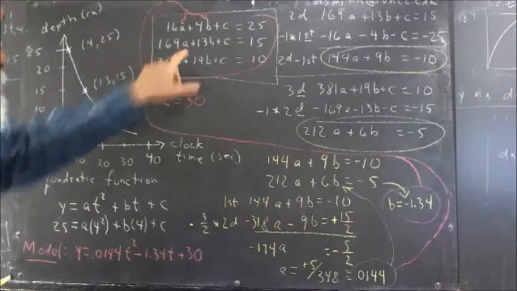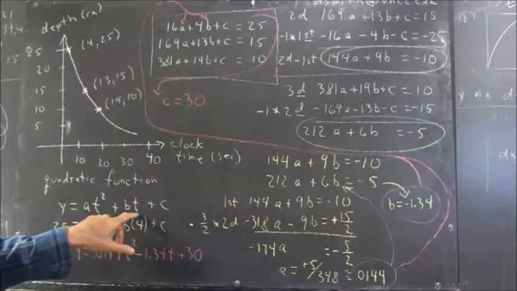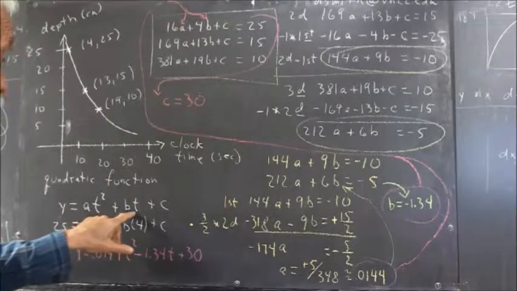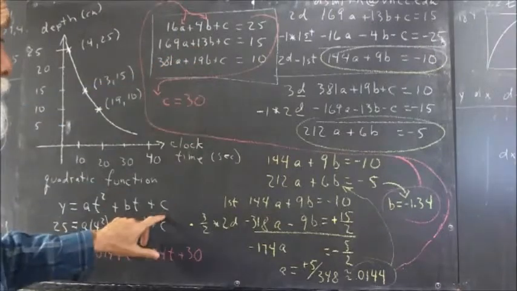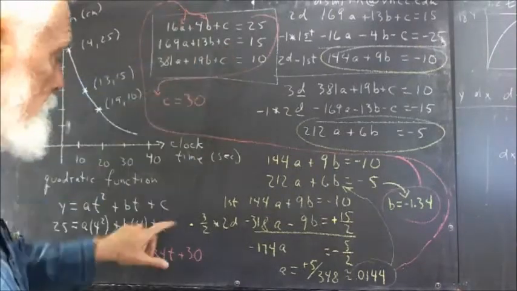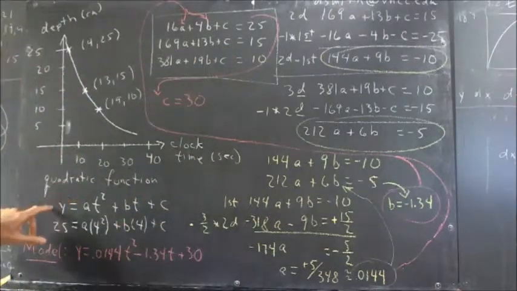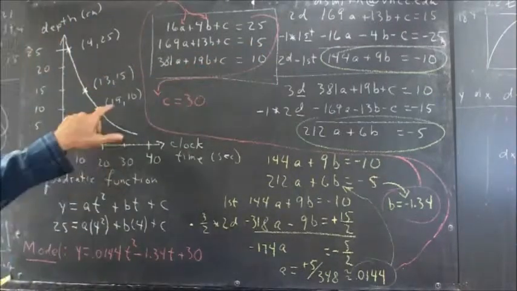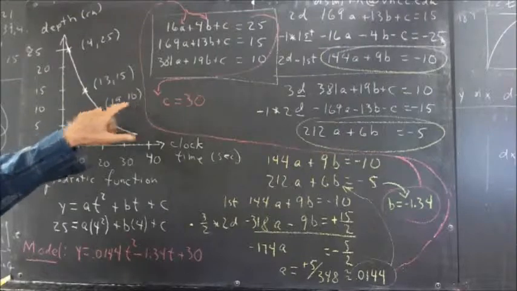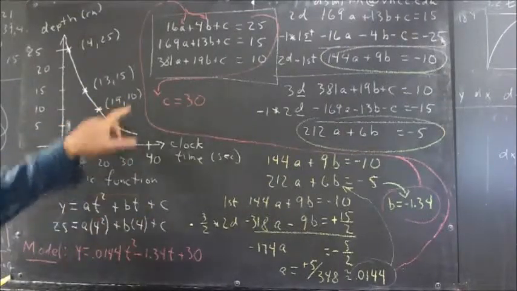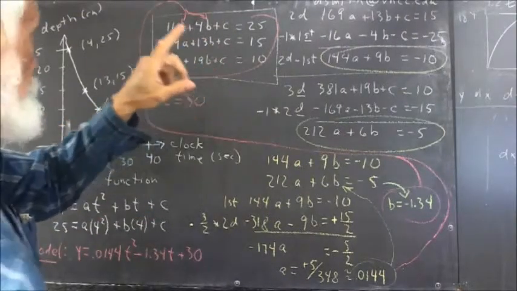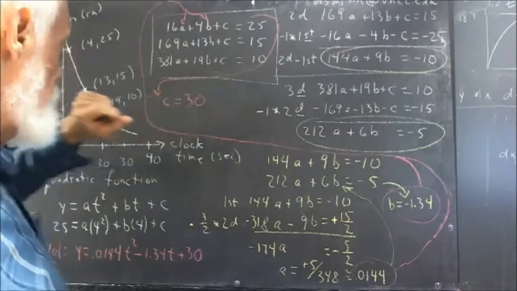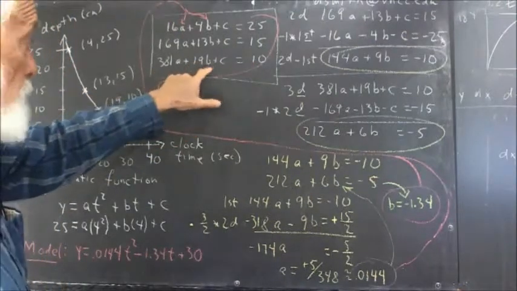And plugging 13 in for t, we get 13 times b, right there it is, and we get c. C doesn't depend on t, and the y-coordinate is 15, so we have 15 on this side. Similarly, when we plug in 19 for t, 10 for y, we get the 10 on the right-hand side. We get 19 times b.